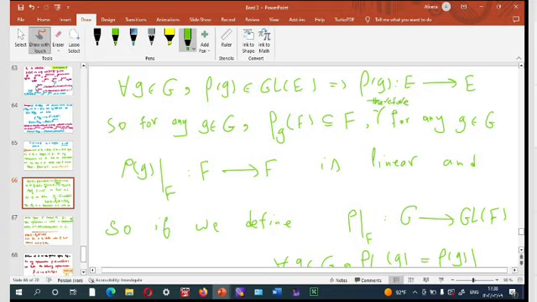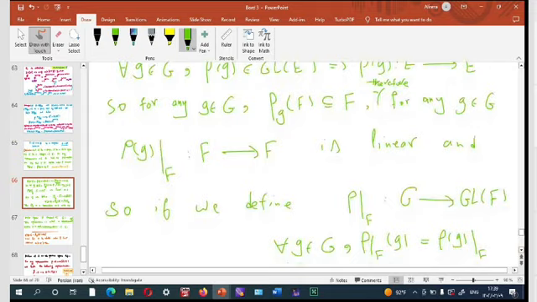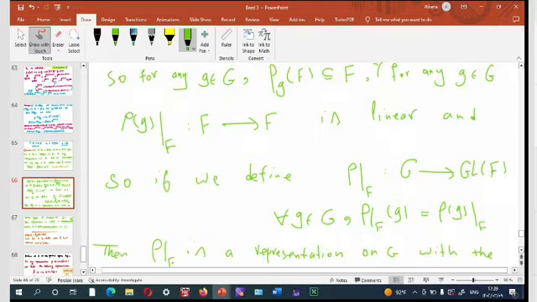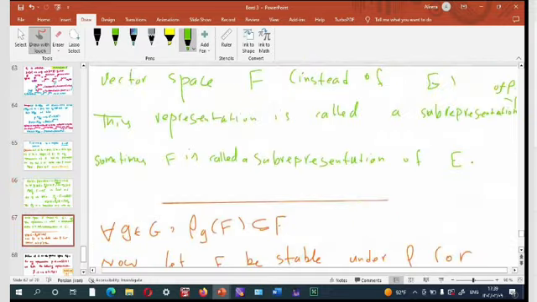The restriction of rho of g to F is a function. So if we define this restriction from G to GL of F by this function for any g in G, this restriction means rho g restricted to F. We have a representation. Then this is a representation of G with the vector space F instead of E.